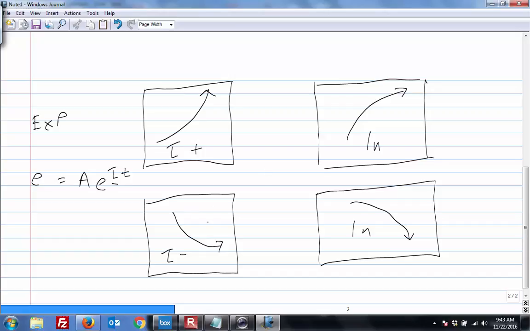So what if tau were equal to 0? You just have a line, right? Because anything to the 0th power is 1. It would just be a flat line. So tau affects the curvature of the exponent, and A just basically makes it go up or down, get bigger or smaller. So that's the exponential model.